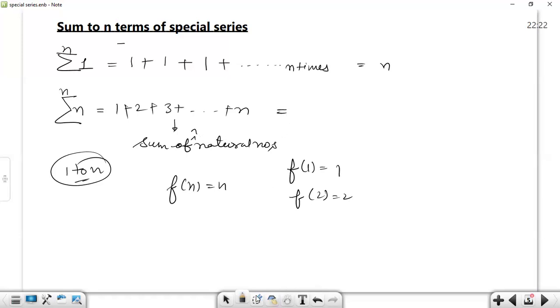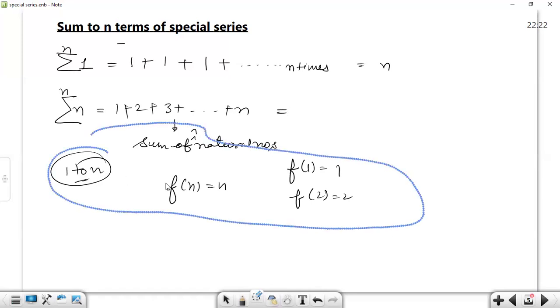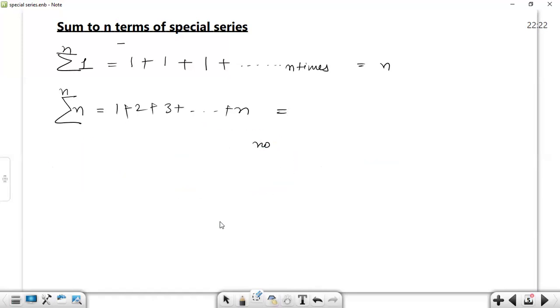We know this is an arithmetic progression, isn't it? What is the common difference between consecutive natural numbers?